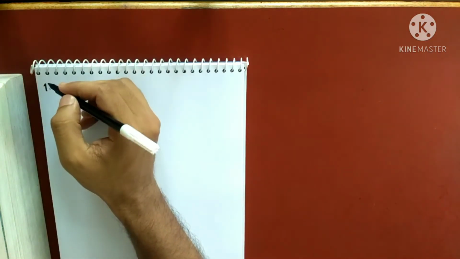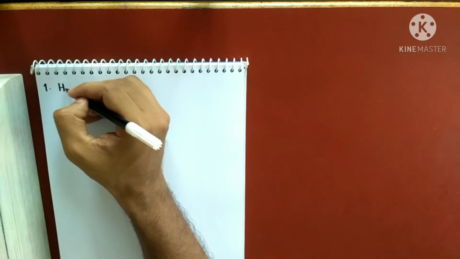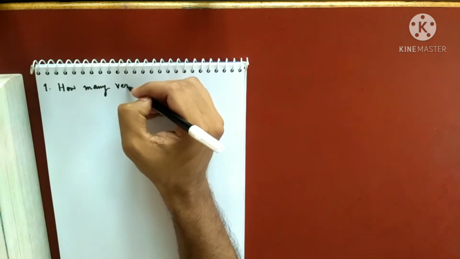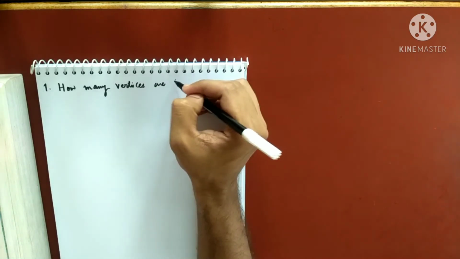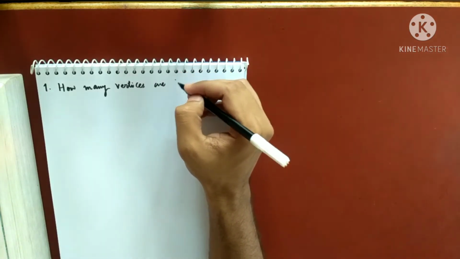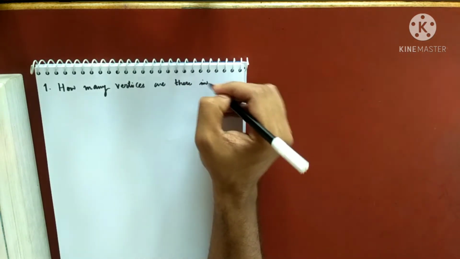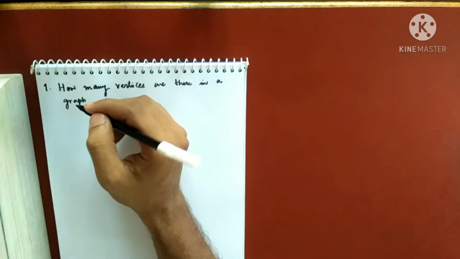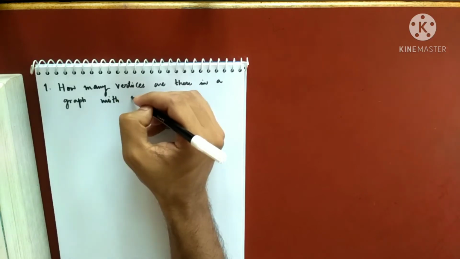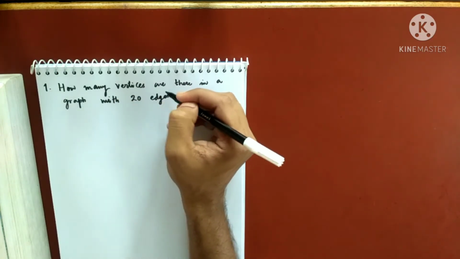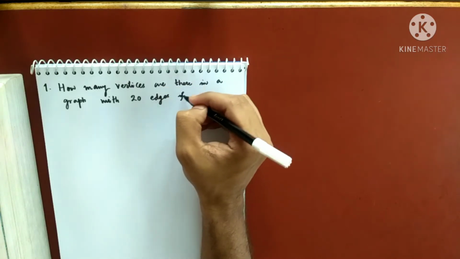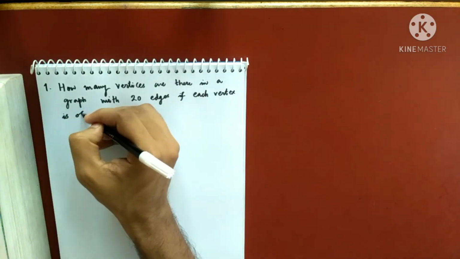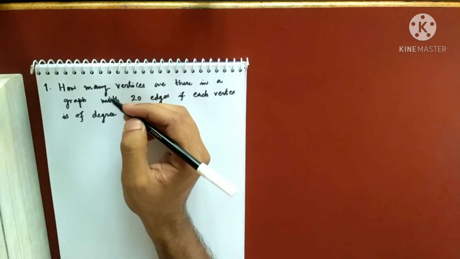Question number 1: how many vertices are there in a graph with 20 edges if each vertex is of degree 5?